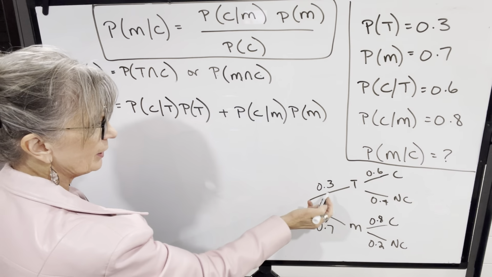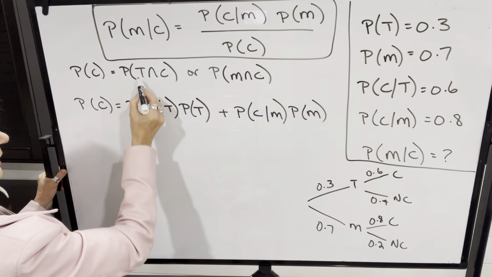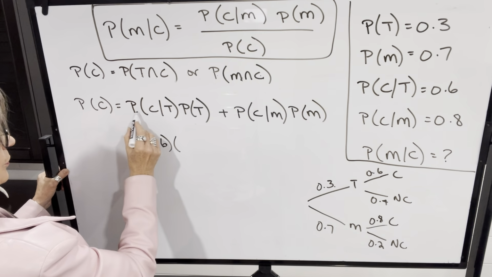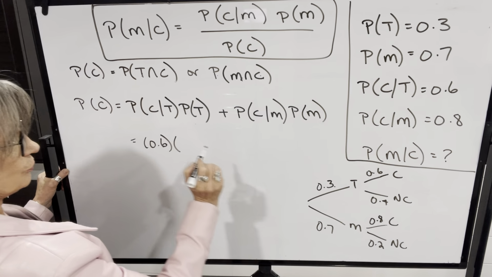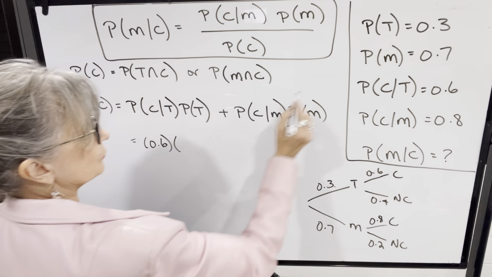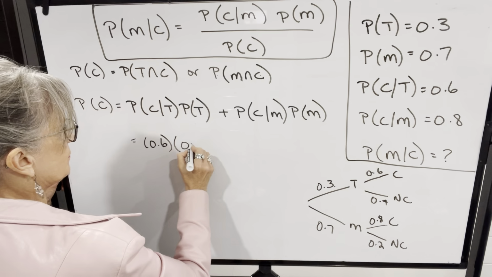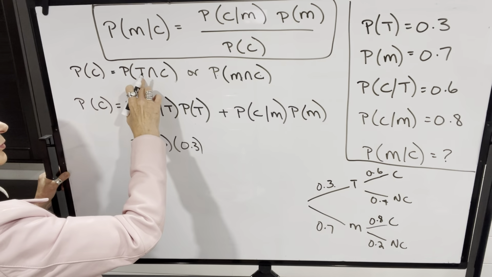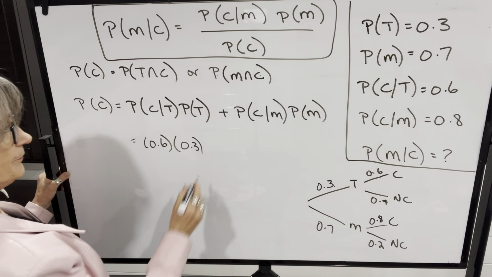If you look at your tree diagram, for this probability of true and correct, you're just going to take the product of those two things. So the probability of it being correct, given that it's a true-false question, we know is 0.6. The probability of it being a true-false question is 0.3. So we just multiply those two numbers to get the probability of it being true-false and Sam answering correctly.